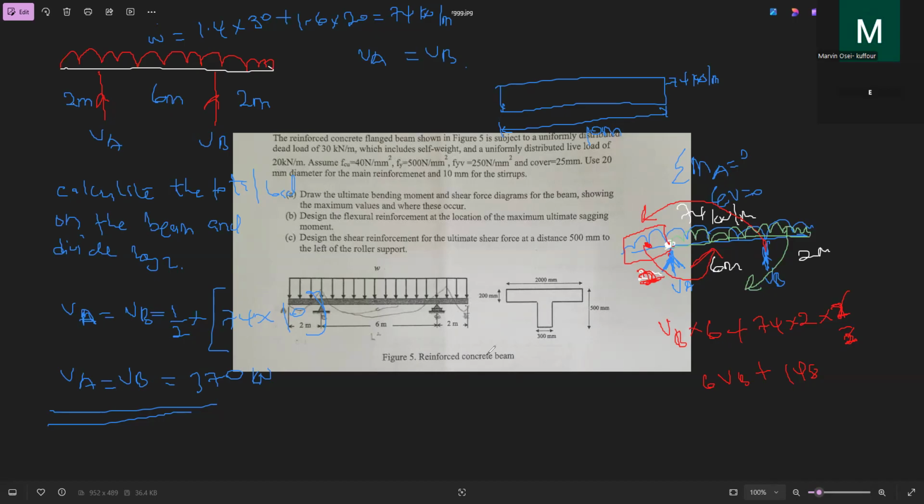So that is going to be 74 times 8 times half of the length, 8. After that, you equate it to this. This is going to give us 32 times 74, which will give us 2,368.